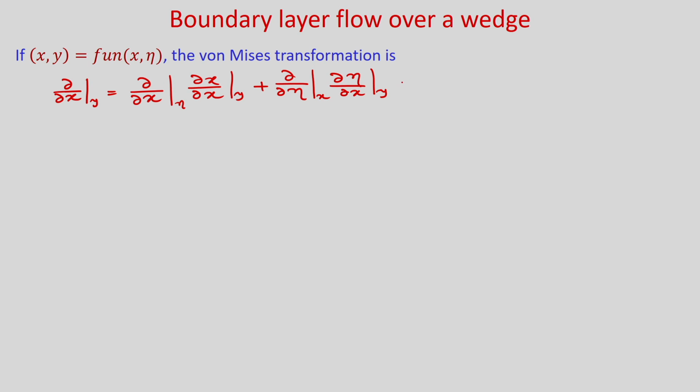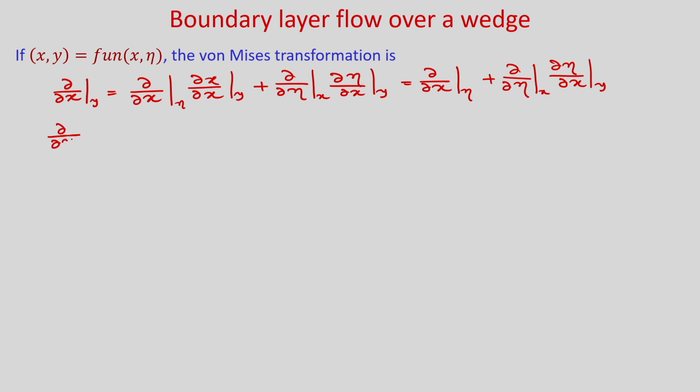You can see the first factor will be 1, so it will be del of del x at constant eta plus del of del eta at constant x times del eta by del x at constant y.